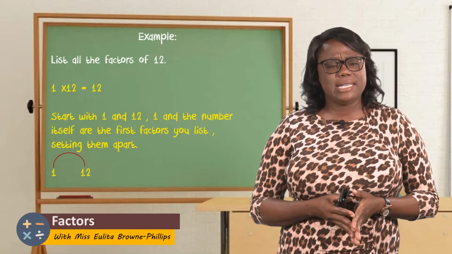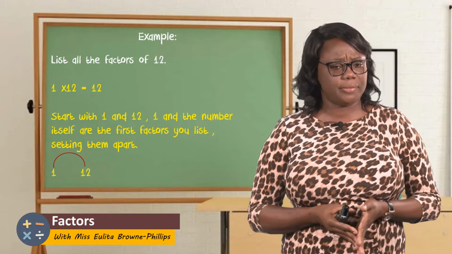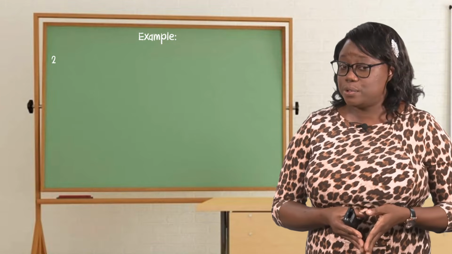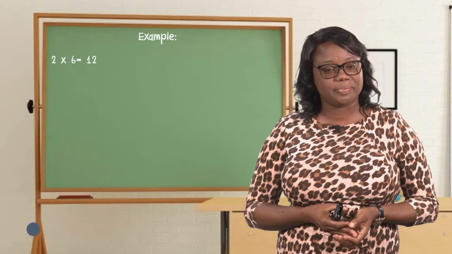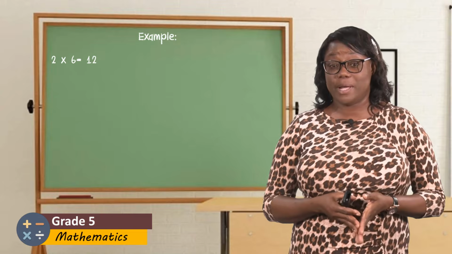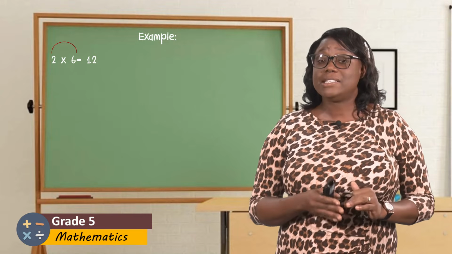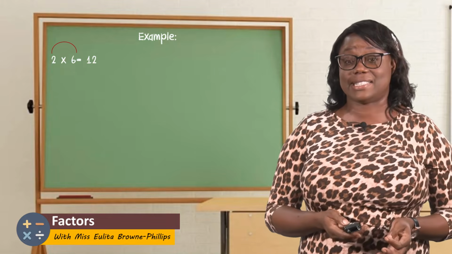Let's try to see what other number we can multiply to get 12. Did I hear 2? 2 times what will give us 12? Yes, 2 times 6 will give us 12. Now remember to place your arch over the 2 and the 6.